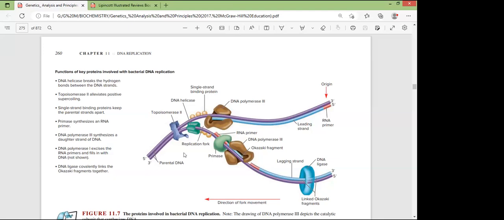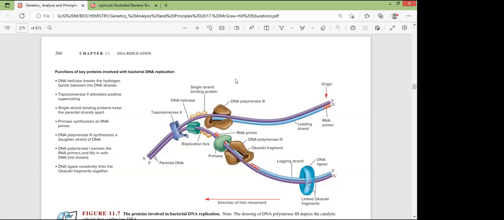First thing is we are having DNA helicase, which will go breaking the hydrogen bonds. So in short, it splits the 2 strands simply. DNA helicase, and remember this, it's the first enzyme for replication. It breaks it and splits the 2 strands into single strands.